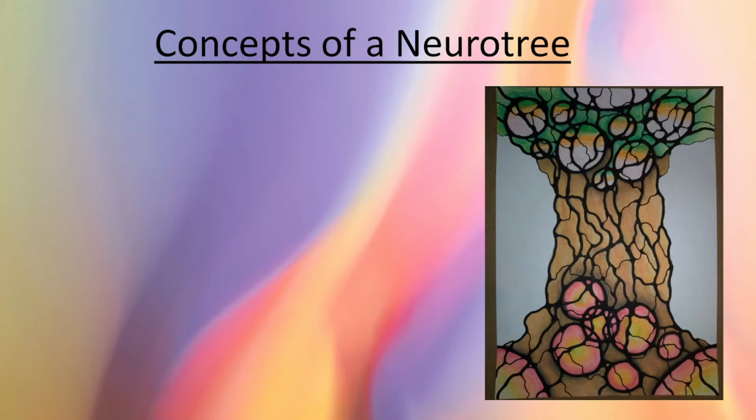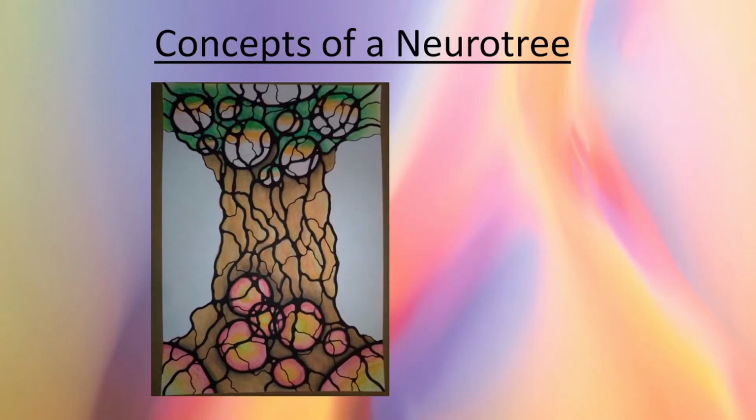So now in the previous tutorial, we've already talked about the flow of a Neurotree from the bottom to the top, and I insisted that you should not rotate your paper so that it's easier for you to paint when you're doing the Neurotree. Okay? It's because you want your brain to register the upward movement of the Neurotree.